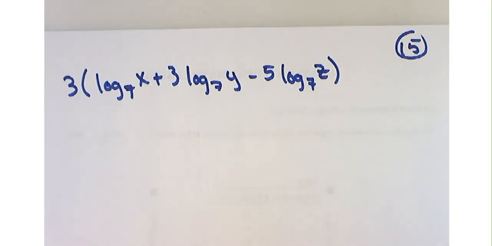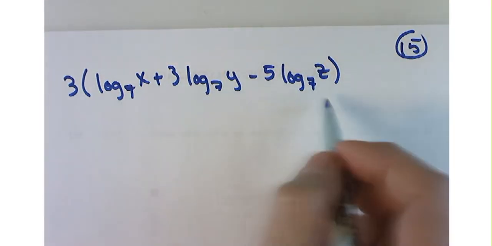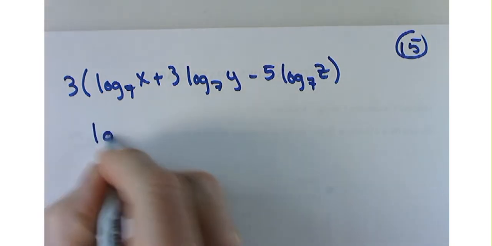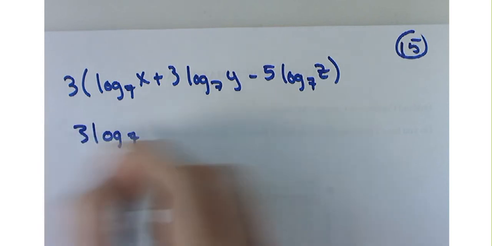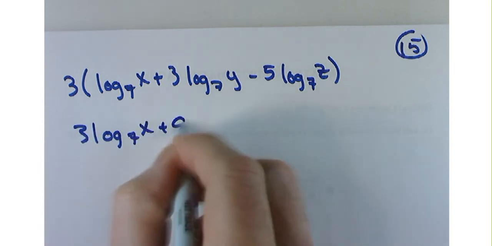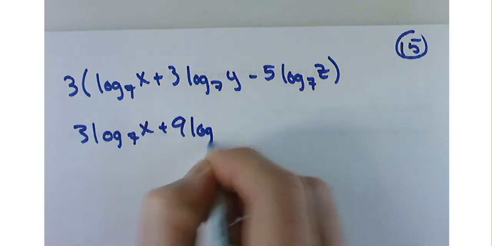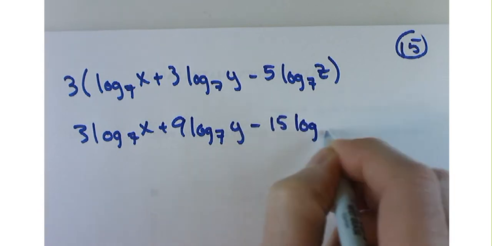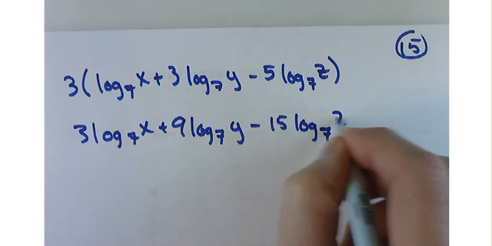Personally, I think I would start by distributing the 3 to all these terms inside rather than dealing with some cube term at the end, and get 3 log base 7 of x plus 9 log base 7 of y minus 15 log base 7 of z.